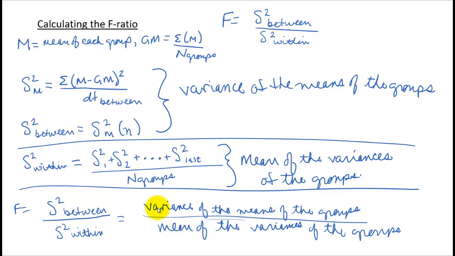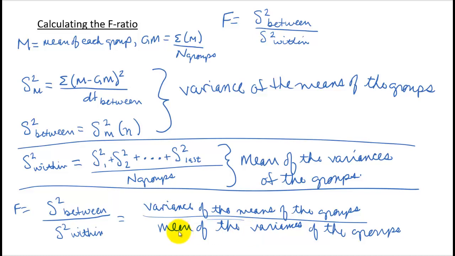So to put it into plain-ish language, the F ratio is the variance of the means of the groups. I'll say it slower. The variance of the means of the groups. So we found out on average how far each mean is away from the other.